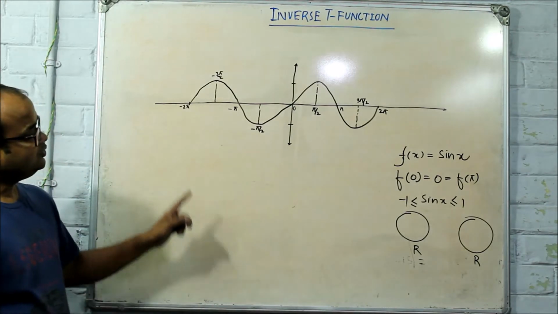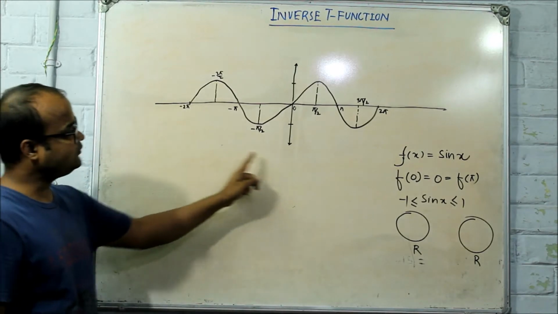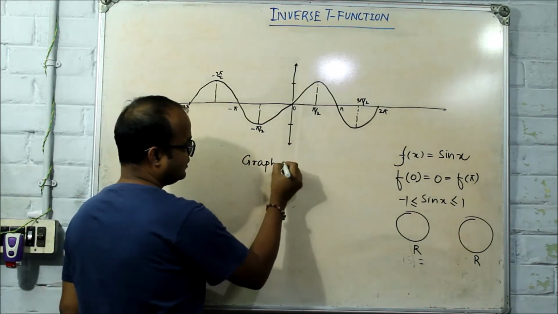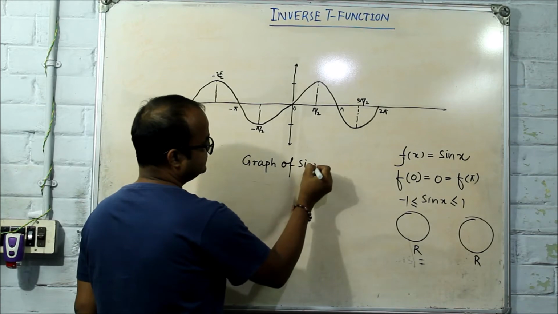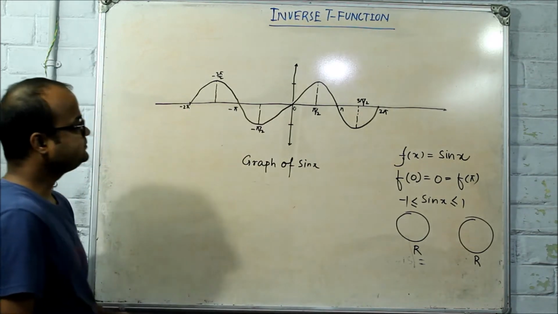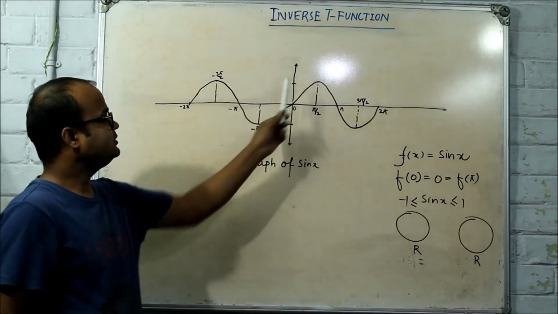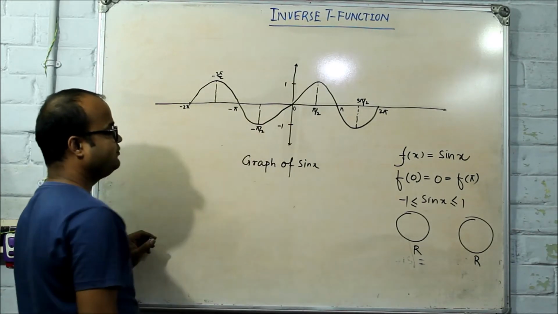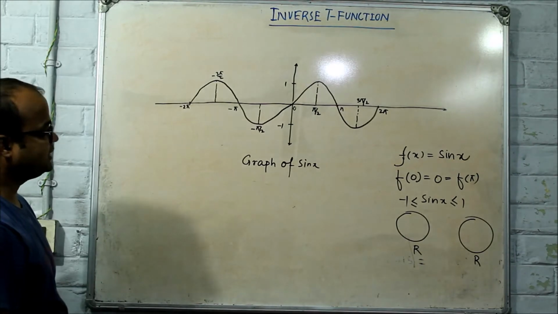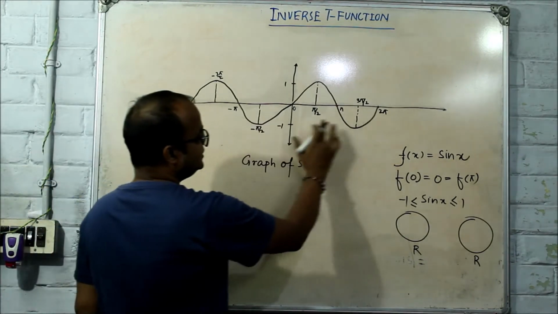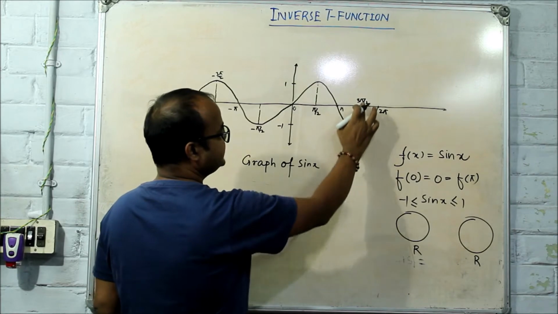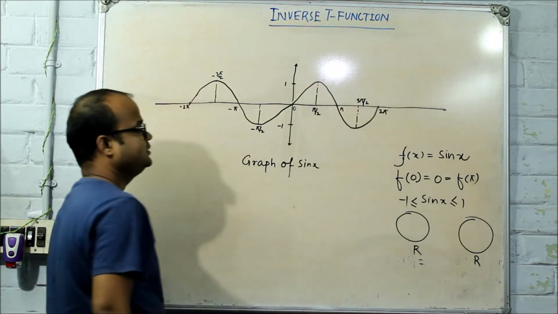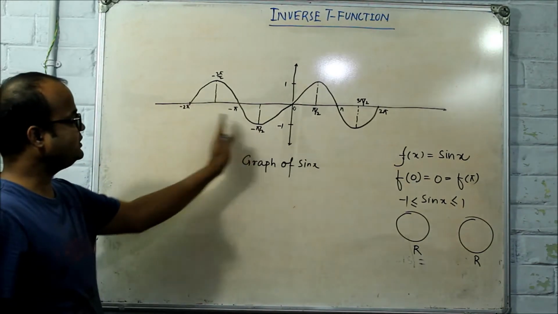Now, this is a graph of sin x. Sin 0 is 0, sin pi by 2 is 1, sin of minus pi by 2 is -1, sin pi is 0, sin 3 pi by 2 is -1, and sin 2 pi is 0. In the same way with the negative part.